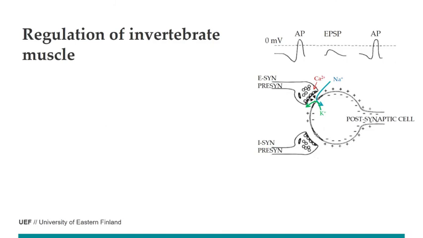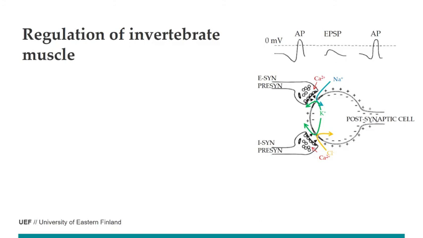But in this inhibitory presynaptic synapse, there is also calcium that is causing the release of a neurotransmitter, but now besides potassium there is chloride that is going inside the cell.